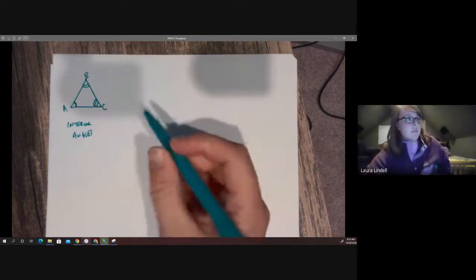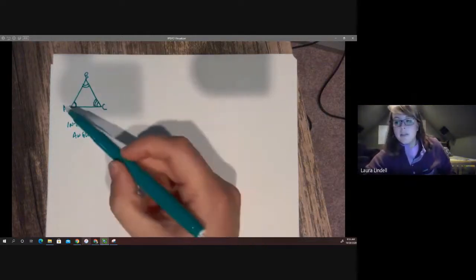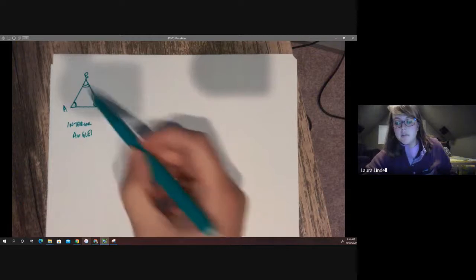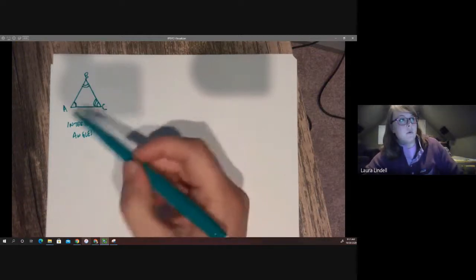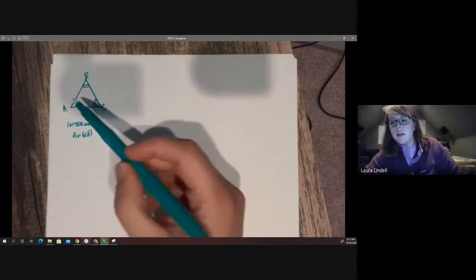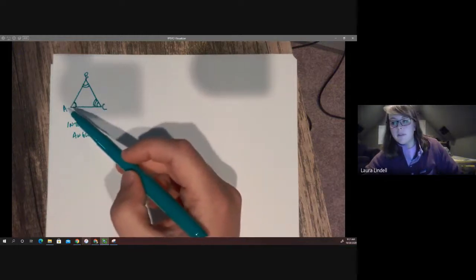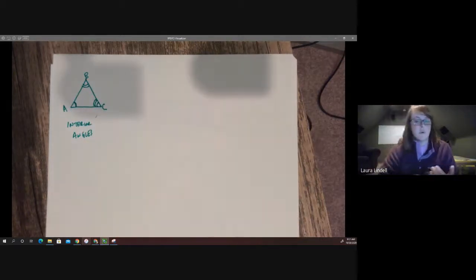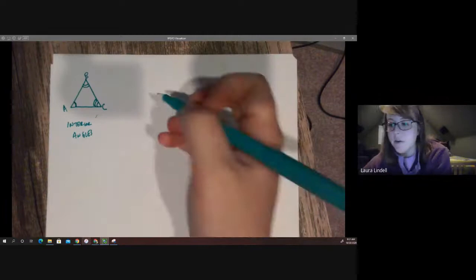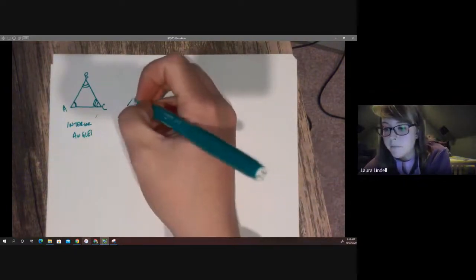Also, as we've seen in previous units, typically the angles are labeled. The vertices on a triangle, those corners, are labeled with a letter. So this would be A, B, and C for those vertices. So those are the interior angles. And then triangles also have exterior angles.